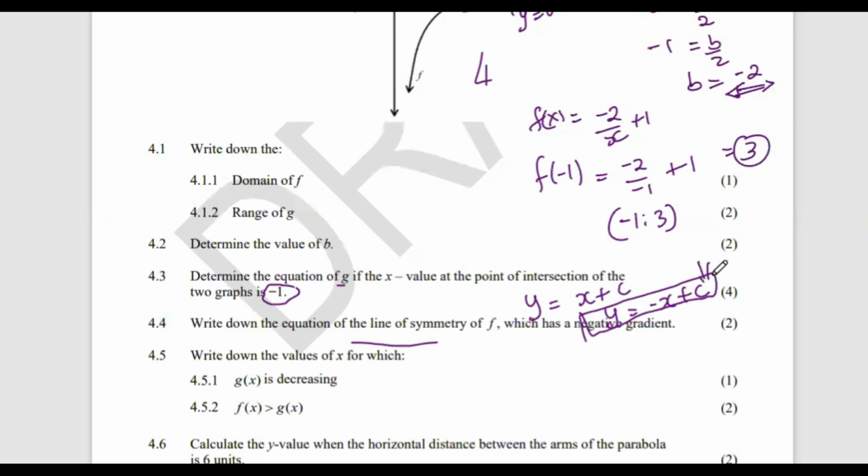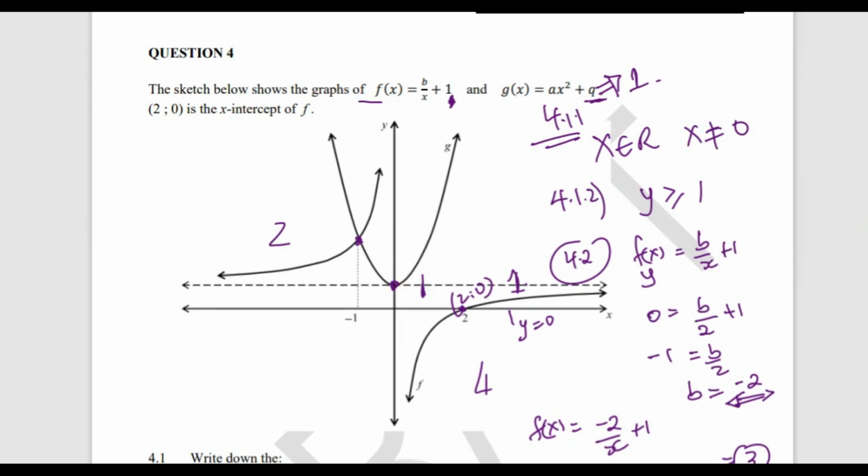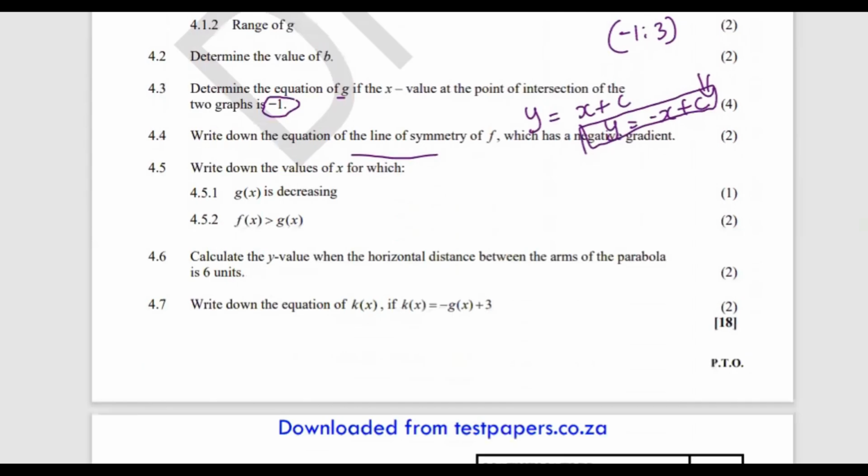For us to get the value of c, we look at the point where the asymptotes are meeting, and that point will be 0 and 1. Because we see this asymptote, and then we see this asymptote. So at the point 0 and 1, where there is y, put a 1. Where there is x, put a 0 plus c. So which means the equation is y equals negative x plus 1.